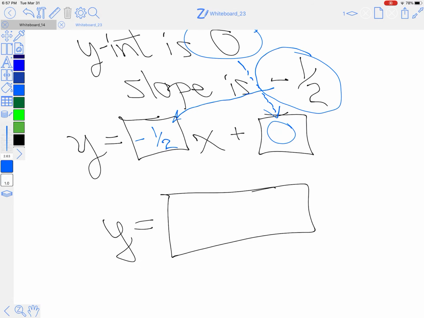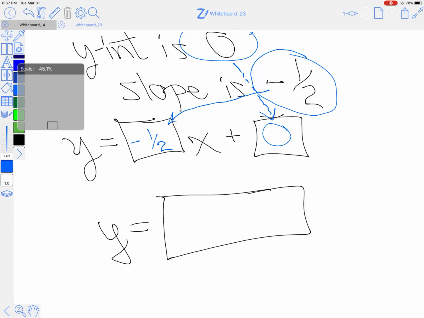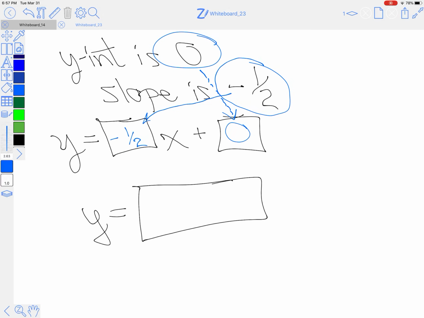Very similar if I have this box to fill in where I have to put everything in there. y = -1/2 x + 0, but what's anything plus 0? 7 plus 0 is still 7. -1/2 plus 0 is still -1/2.